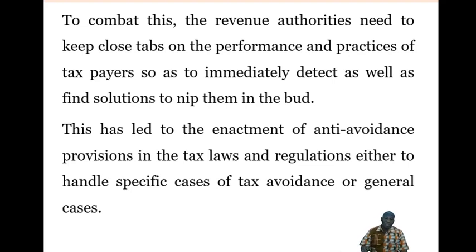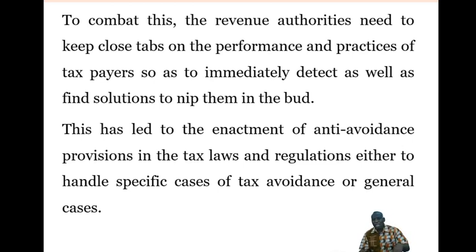Because you see, before the Income Tax Act of 2015, we used to have the IRS Act. And even before the IRS Act, we used to have what we call the SMCD 5, 1975. In the SMCD 5, 1975, which ended in the year 2000, there were no anti-avoidance provisions in the law.